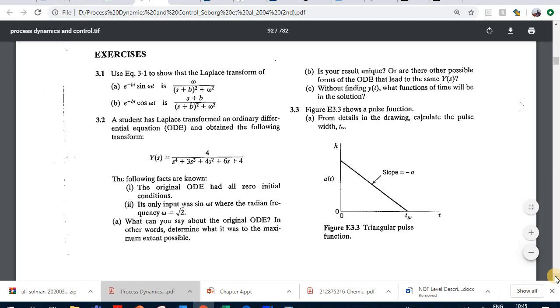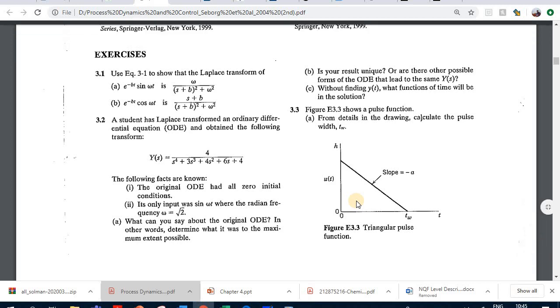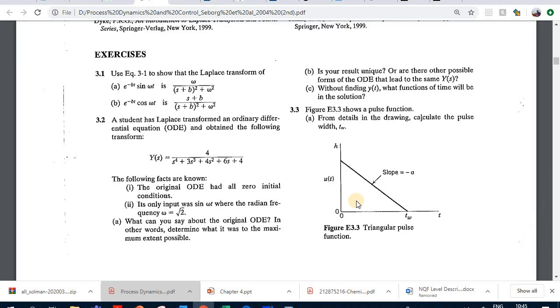These are the problems that we have here, and we are going to start solving problem 3.3, figure 3.3, and this looks like a custom of inputs. So we are starting something that we have explained just by the end of our lectures. What it's asking us here is to calculate the pulse TW.